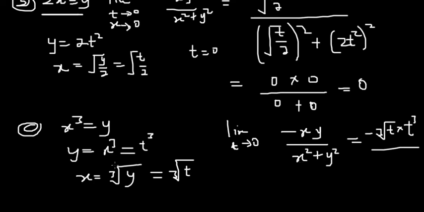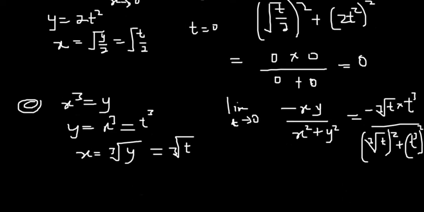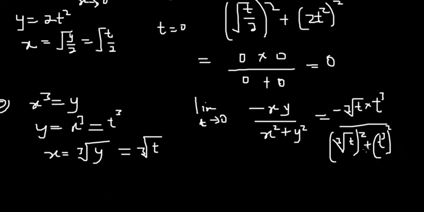x squared, which is the cube root of t all squared, plus y squared, so t exponent 3, all squared. Now, let's do a simple calculation. From here, you could try to expand this, or you could just leave it like that.